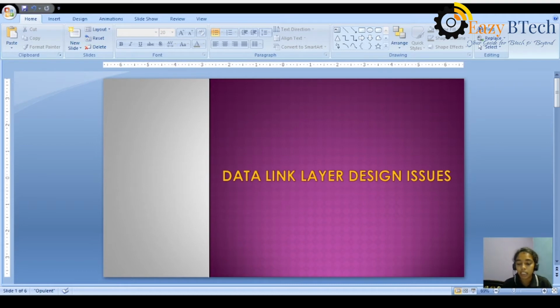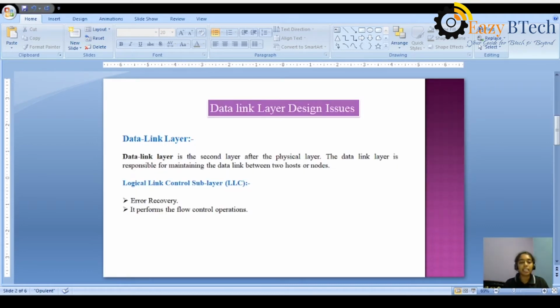So, the data link layer. You all know that the data link layer is the second layer of the OSI reference model, and it is node to node delivery. Node to node delivery means the data can be sent from one device to another device.